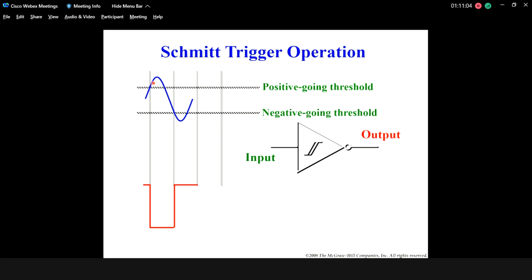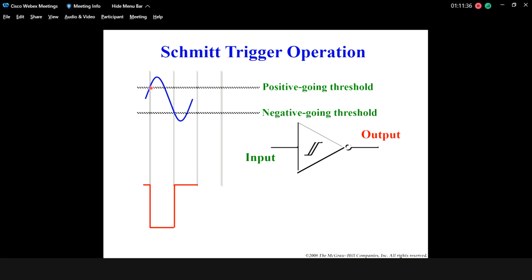So when the sine wave signal goes into the Schmitt trigger operation, it will change the sine wave to a digital pulse. The width of the digital pulse depends on the positive going trigger or negative going trigger given to this one. However, it is only based on the first high level detector here.